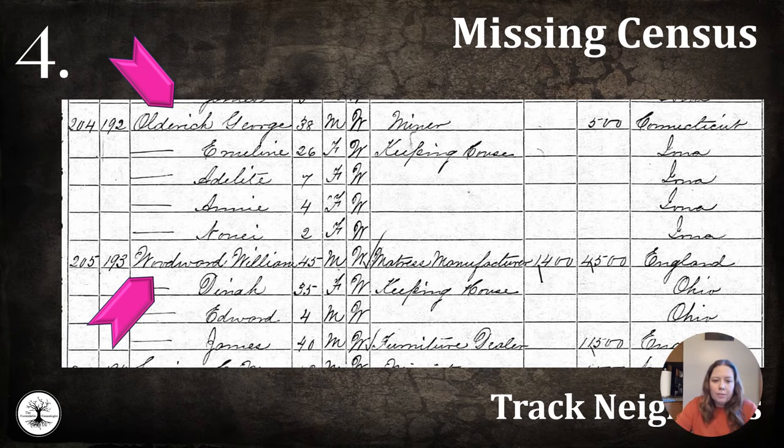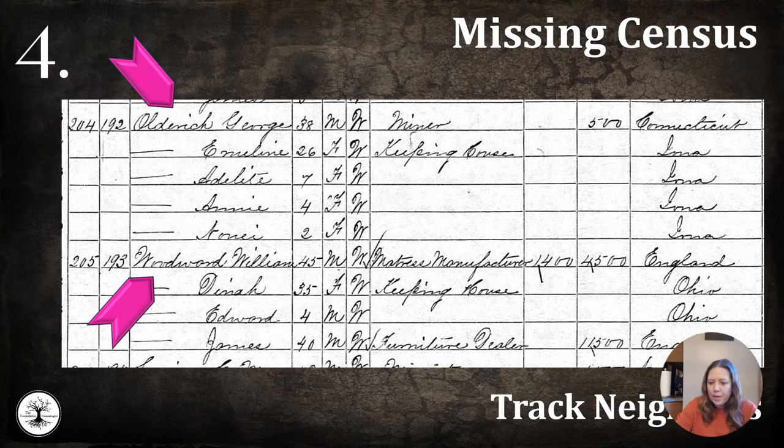So let's say I am trying to find George Olderich, and I know where he was in 1880, and I can't find him on the 1870 census. So what I would do is I would open up where he was living in 1880 and look around at some of his neighbors. And then I would try to find one of them on the 1870 census, like William Woodward, or better yet, Dinah Woodward, that's a more unique name.